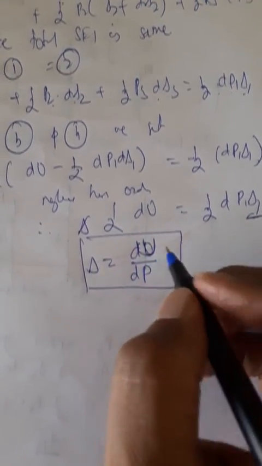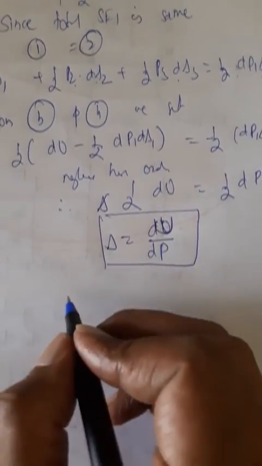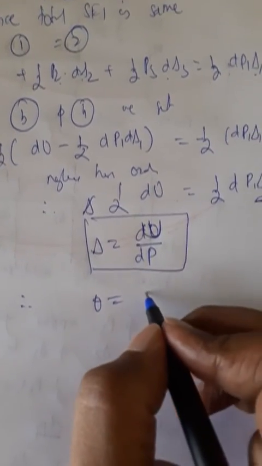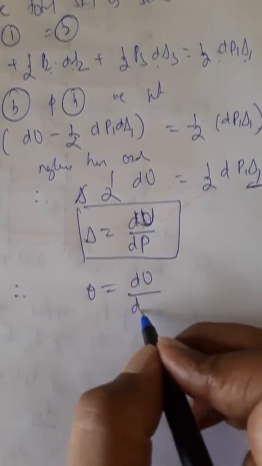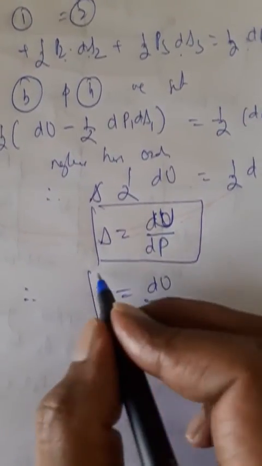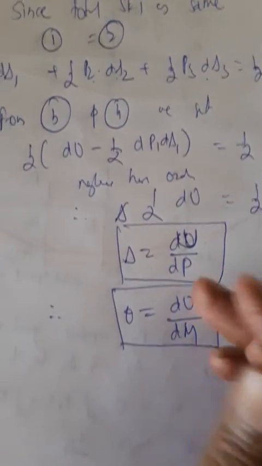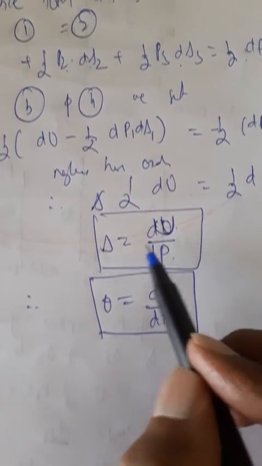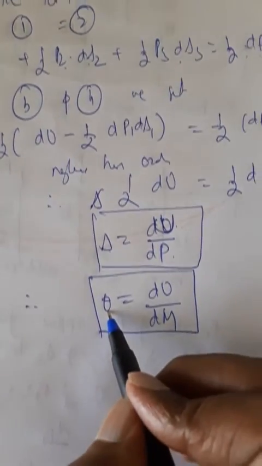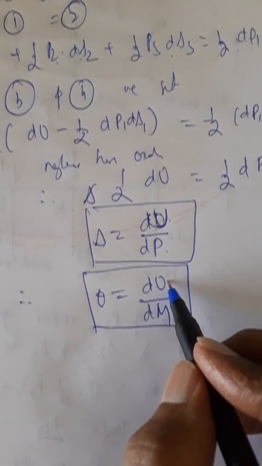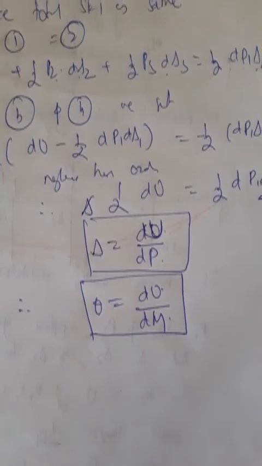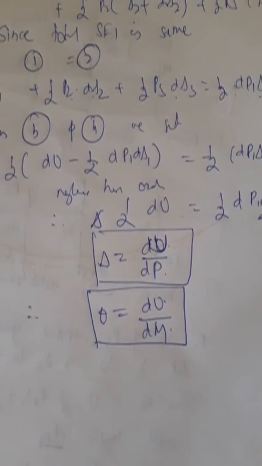This is the strain energy equation for load. Similarly I can write for rotation, dU by dM. For load, partial differentiation with respect to load gives deflection; for rotation, partial differentiation of strain energy with respect to moment. So this completes the first derivation. Thank you.